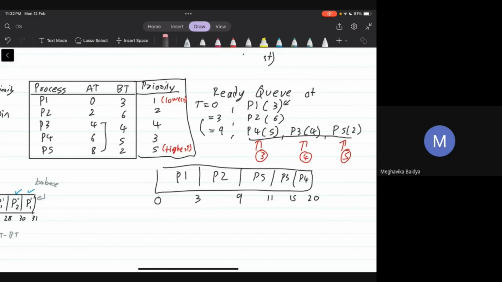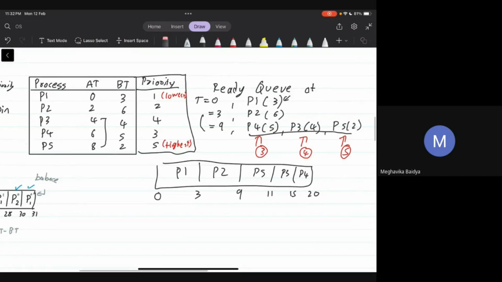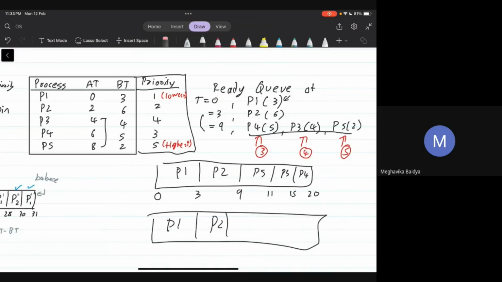So if this happens, then P4 will be executed first. Will you do the Gantt chart with respect to that, just for clearing the confusion? Sure. So here P1, P2 will be the same. And then if you see P3, P4 has 3, right? So you will do P4, then P3, then P5. And I'll write the priorities also.